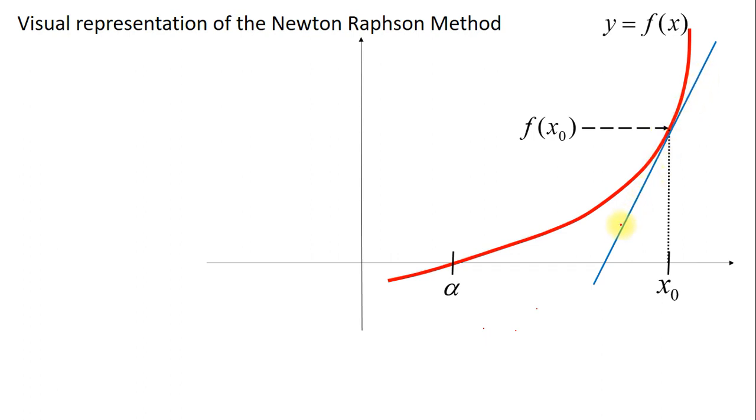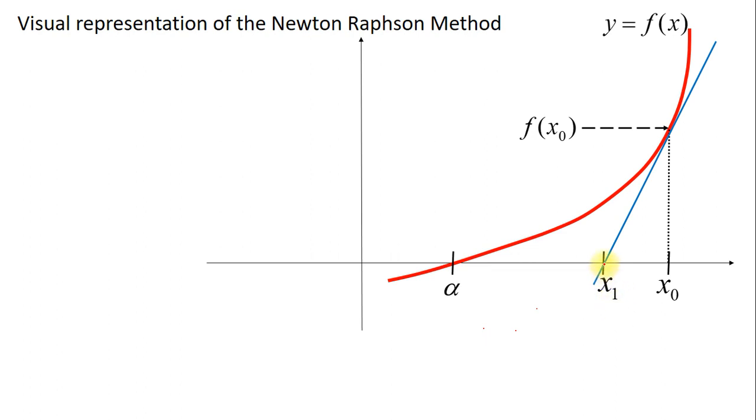This tangent will intersect x-axis at x1. x1, we call it the first approximation.